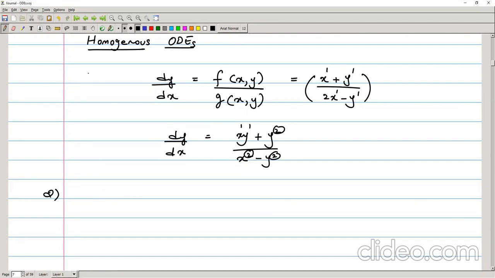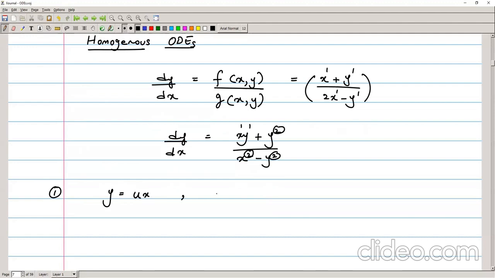Therefore, first of all, we'll write the steps to solve this problem. So the first step is to assume that y is equal to v times x, or u times x. You can use any variable here. So we assume that y is equal to u times x.